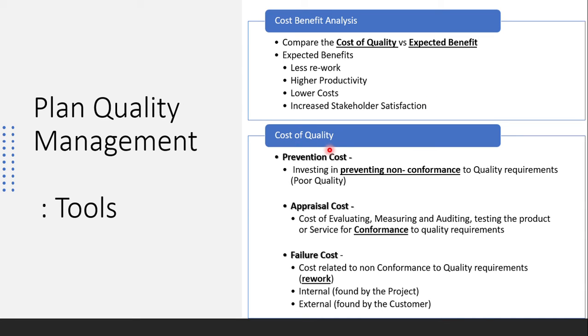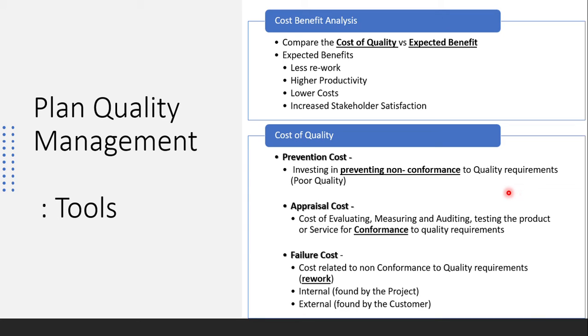So cost of quality, if you talk about cost of quality, it has three segments. One is the prevention cost. Prevention cost is the cost of investing in your project to prevent any non-conformance to the quality standards.